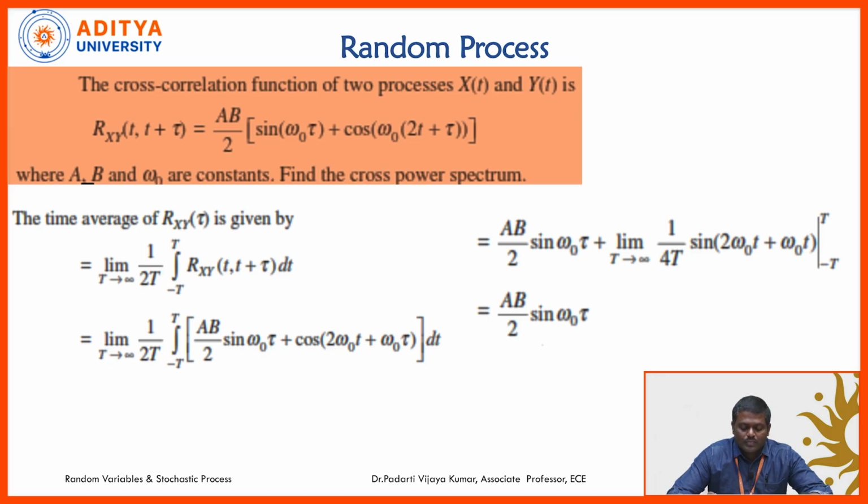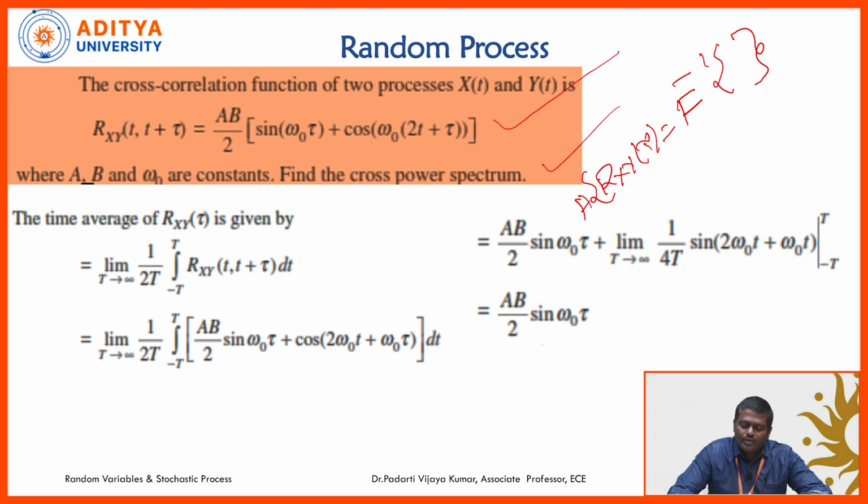Now the cross correlation function is given to us. Now we need to compute the cross power spectral density. So now we need to apply the inverse Fourier transform formula. We know that the time average cross correlation function is equal to the inverse Fourier transform of Sxy of omega. Now we need to compute Sxy of omega.